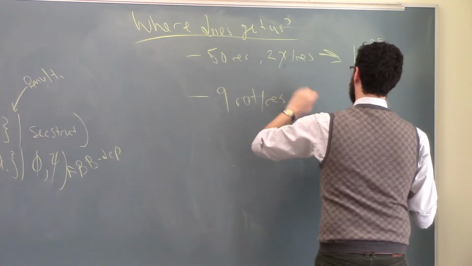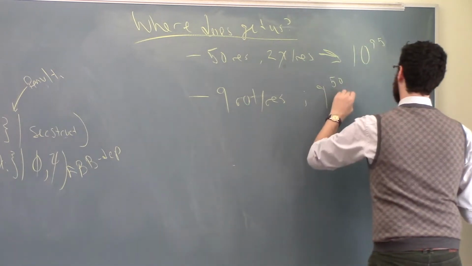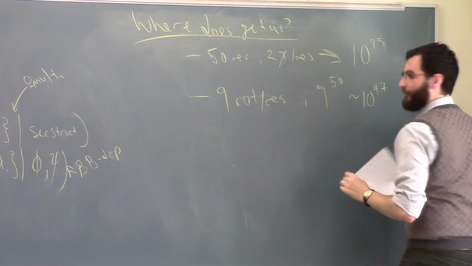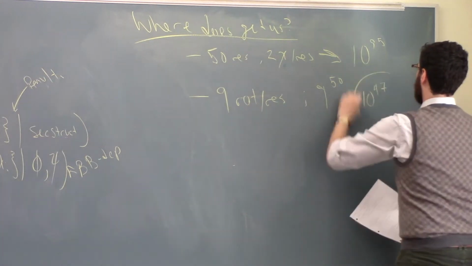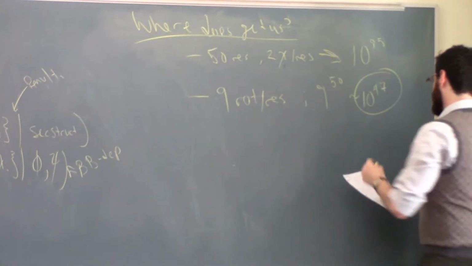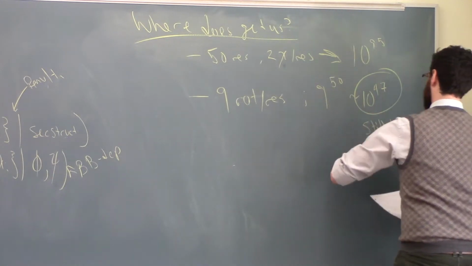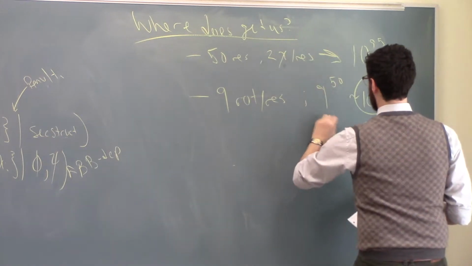So now we have 9 to the 50, which is about 10 to the 47 conformations. So this is much, much better than 10 to the 95. It's still too large. Better.